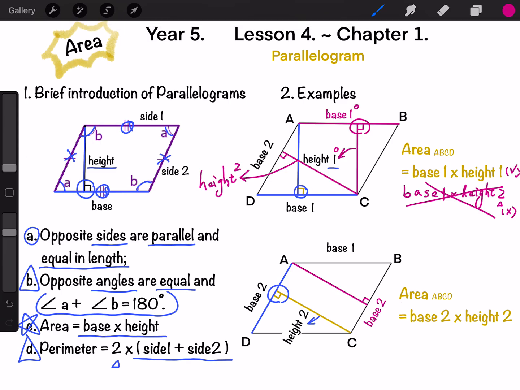Or we can use the opposite side BC as base 2. And the line which crosses base 2 at a right angle can also be called height 2. Again, area ABCD equals base 2 times height 2.